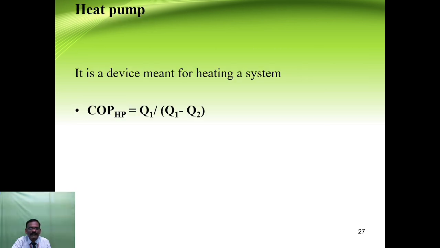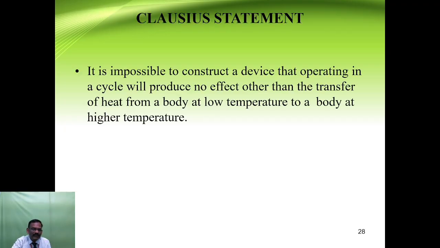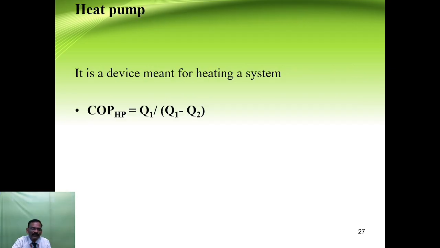A heat pump is also a device, meant for heating a system. It is opposite to a refrigerator and air conditioning. Here our main aim is to heat a particular system or space. So the COP of a heat pump is equal to Q1 by Q1 minus Q2. In both cases, refrigerator and heat pump, the formulas are somewhat related.